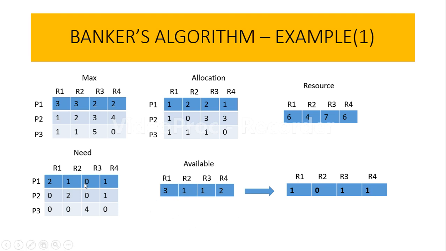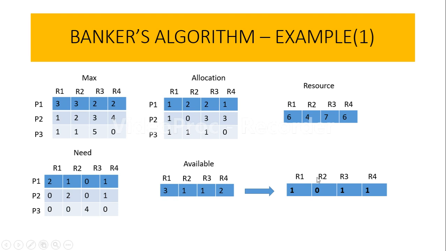Now once the resources got allocated to process P1, it is going to complete its execution, terminate and return its resources. When it returns its resources, the availability will increase. What will the availability be now?